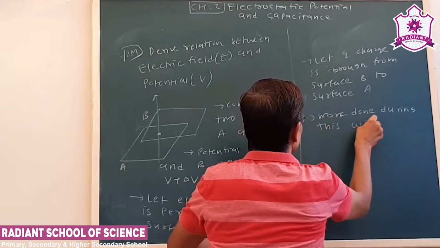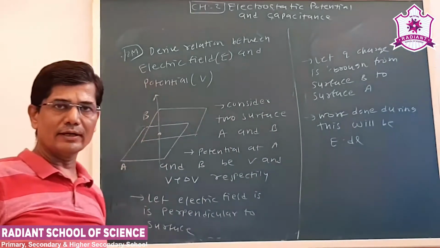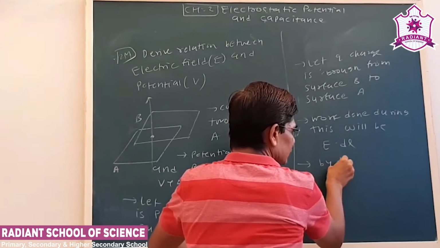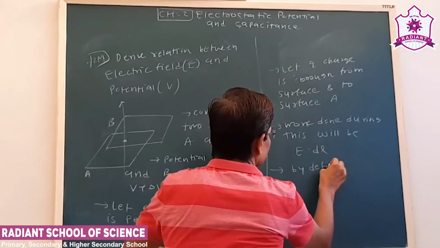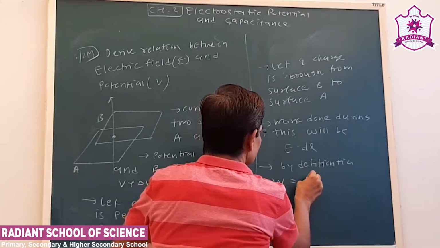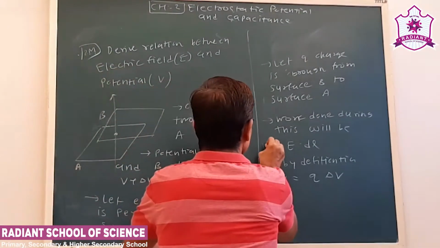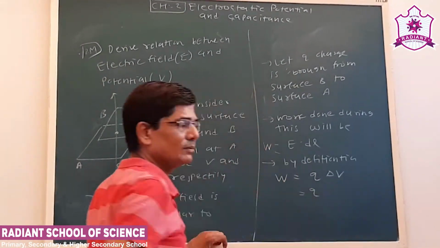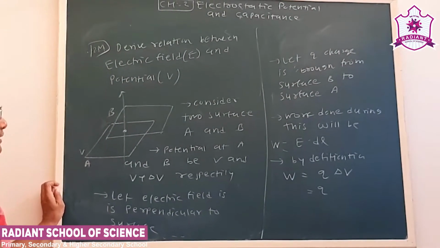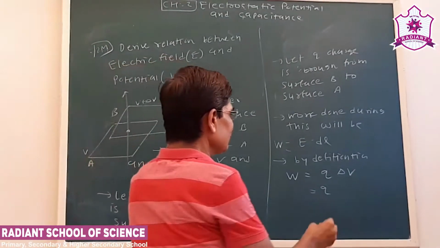This will be E into dl. By definition, work done is Q into delta V. Now what is the potential difference? At surface A the potential is V and at B the potential is V plus delta V. So what is the difference?